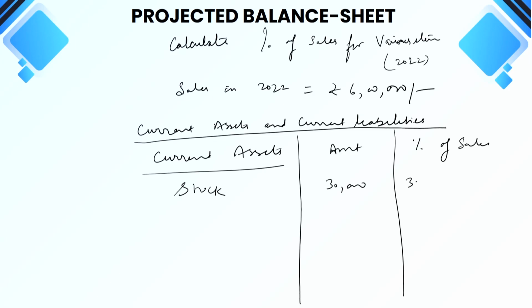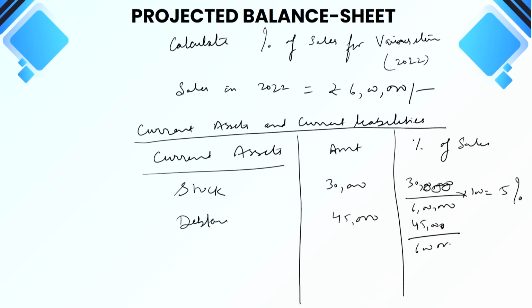We compare this 30,000 with the 6 lakh rupees. It comes to 5%. Then the debtors are 45,000 rupees, compared with 6 lakh. We get the figure of 7.5%.